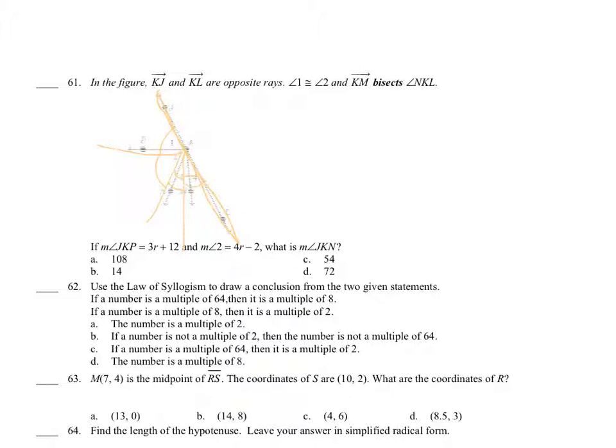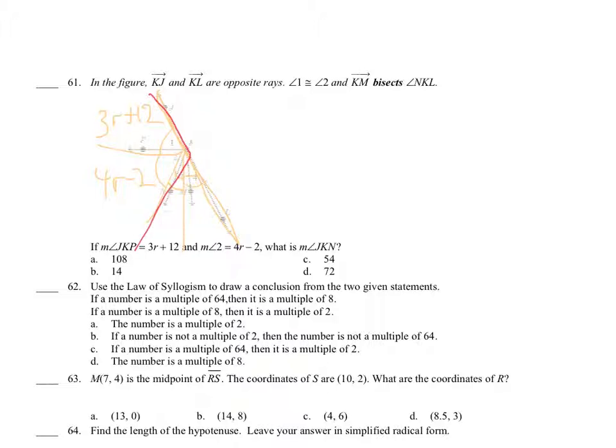Okay, if JKP, which is angle 1, is 3R plus 12, and angle 2 is 4R minus 2, we have to find the measure of angle JKN, which is this large angle right here.